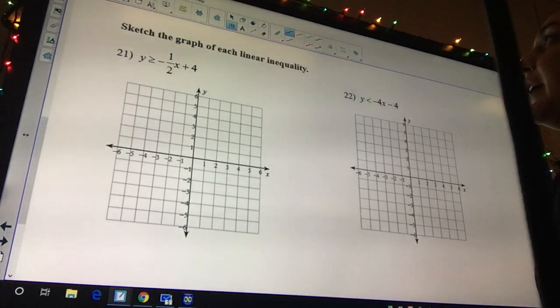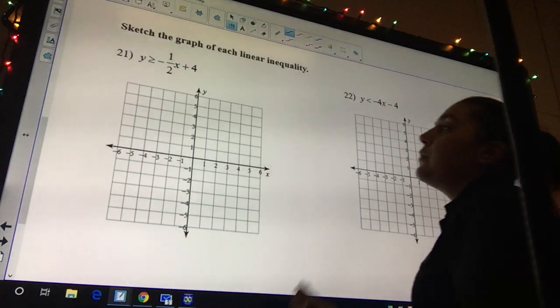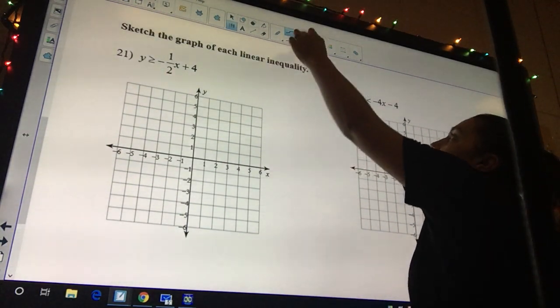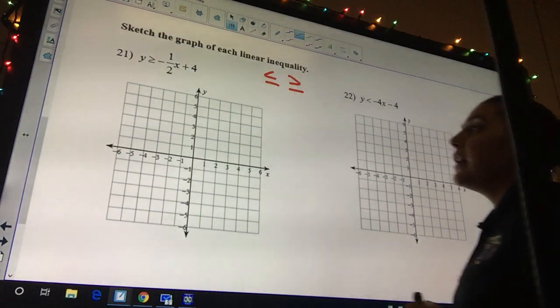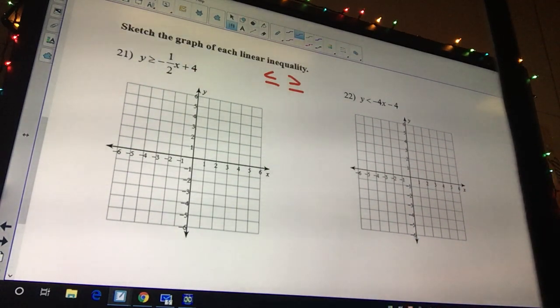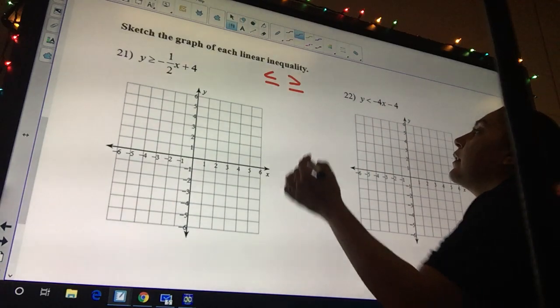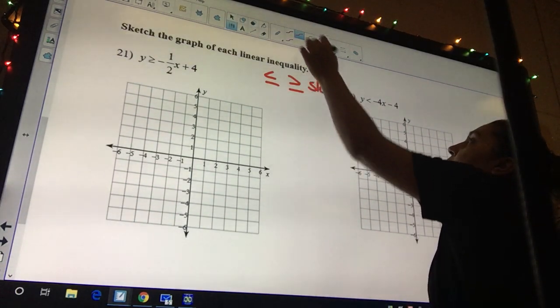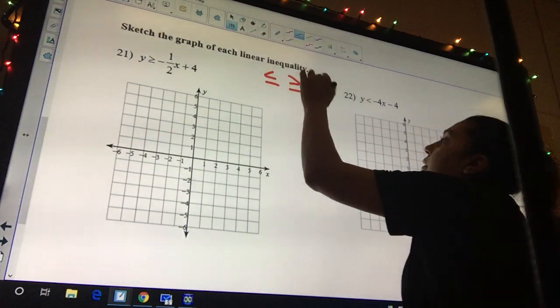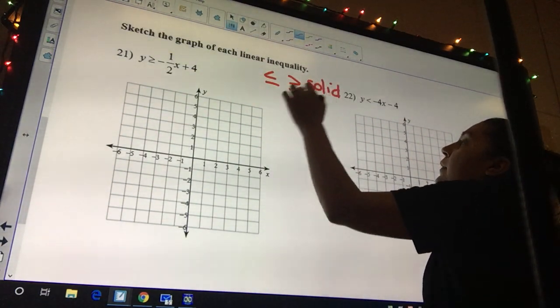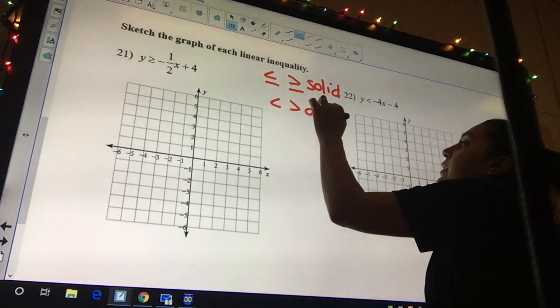Okay, so this one is where we need to look at this and say, well, when I have these signs, is that going to be a solid or a dotted line? That's a solid. Solid line. I don't know what I was going to spell. Okay, this is going to be a solid line, and so then this one is going to be a dotted.